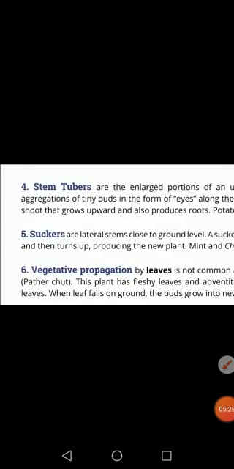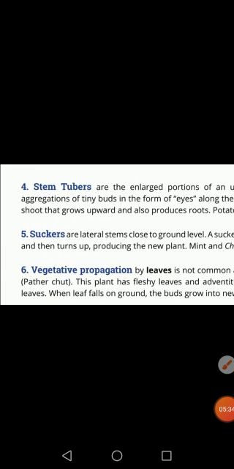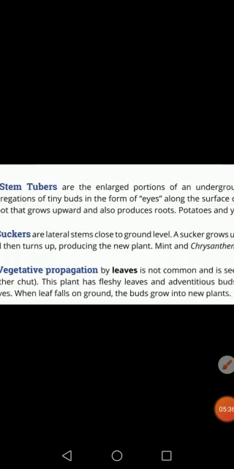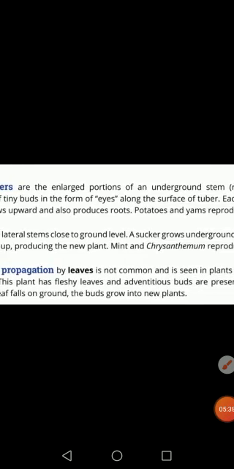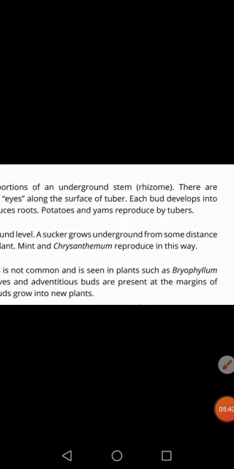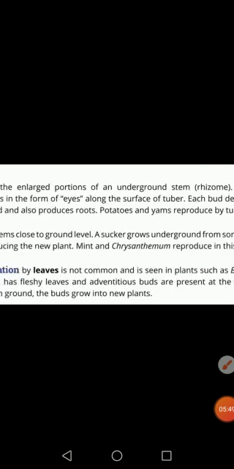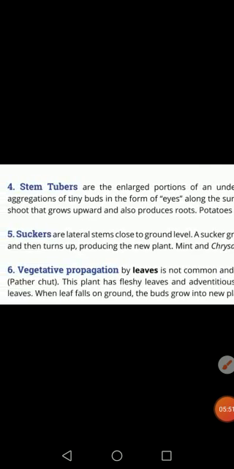Okay, now the next method is vegetative propagation by leaves. Mostly the leaf is not used for the propagation method, but there are some plants that will reproduce by leaves, like bryophyllum. Okay, bryophyllum, which is also known as patarchat, they reproduce by this method.